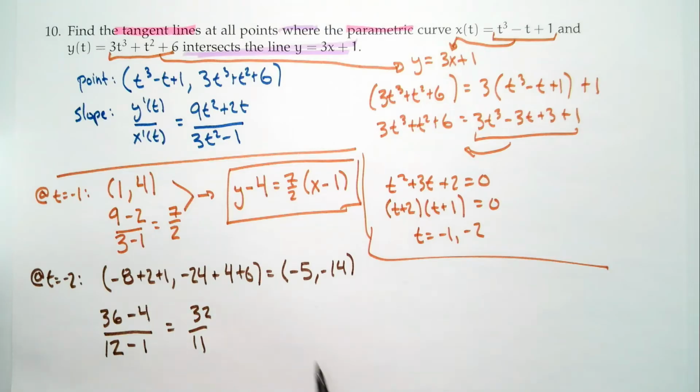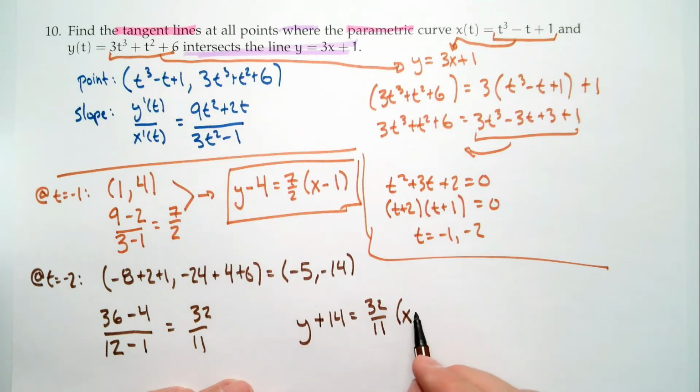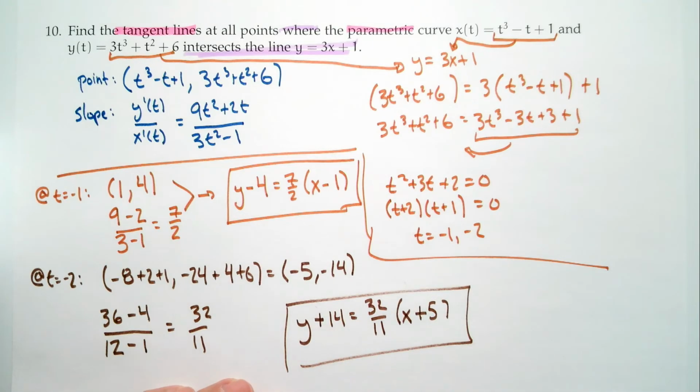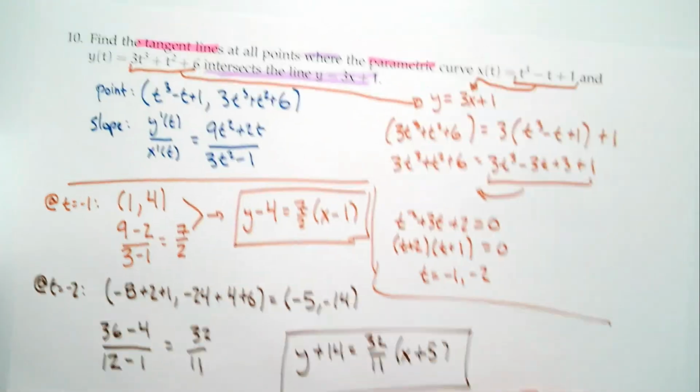So the line would be y minus our y-coordinate, minus 14 makes it plus 14, is equal to our slope, 32 elevenths, times x minus our x-coordinate. Minus 5 makes it a plus 5. And we probably wouldn't have guessed that the answer would have involved the 32 elevenths when we started. But it's good to check.